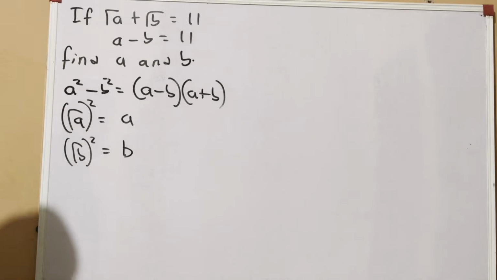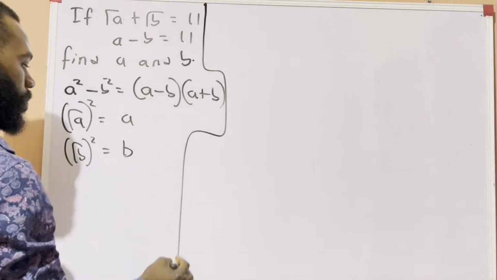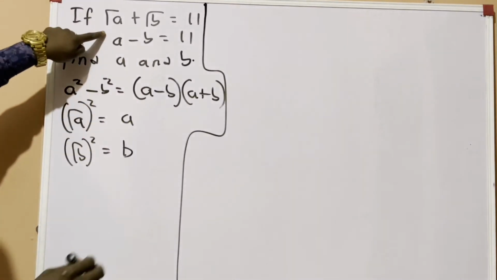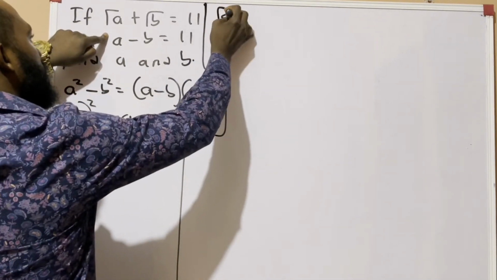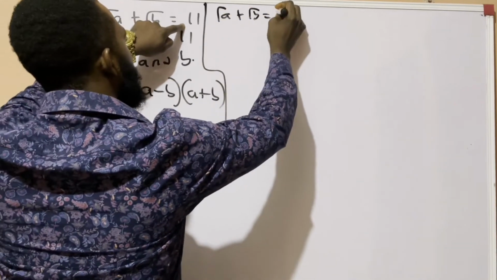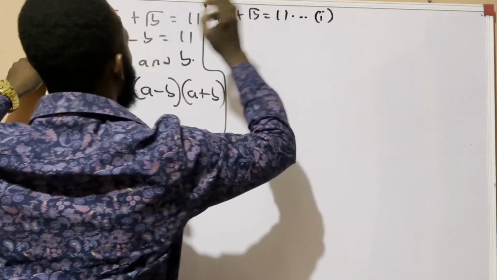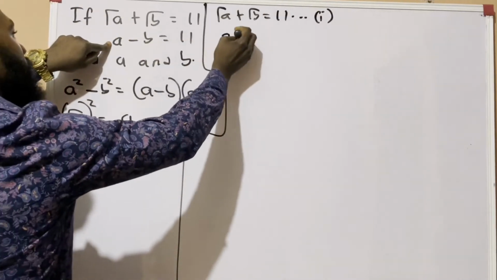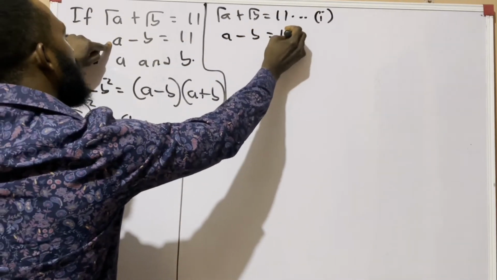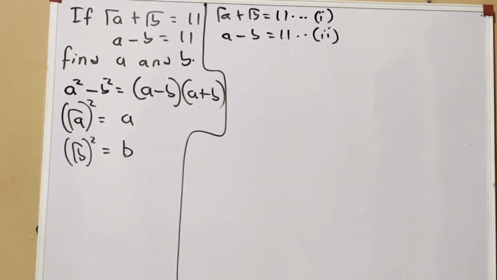Now, with the help of this, let us see how we can solve this problem. Let us say root a plus root b equals 11 is our first equation, and a minus b equals 11 is our second equation.